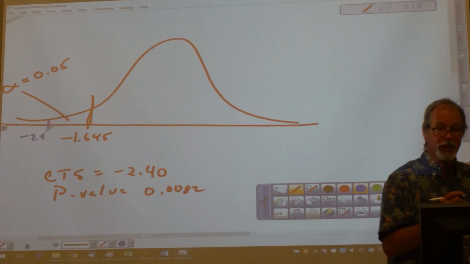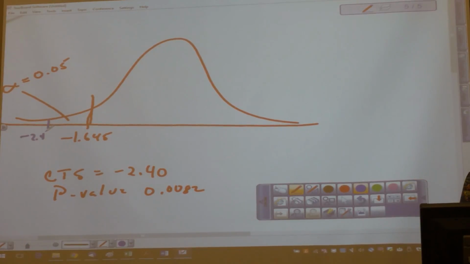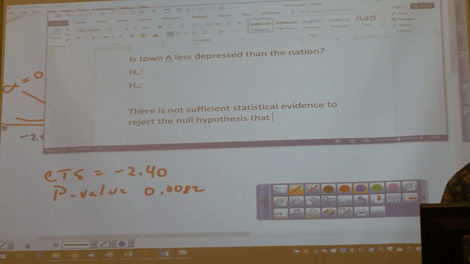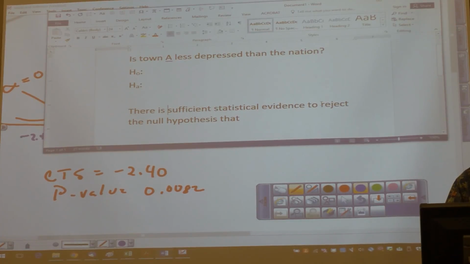So what does that mean? It means that we would reject the null hypothesis, because there is sufficient statistical evidence to reject the null hypothesis.